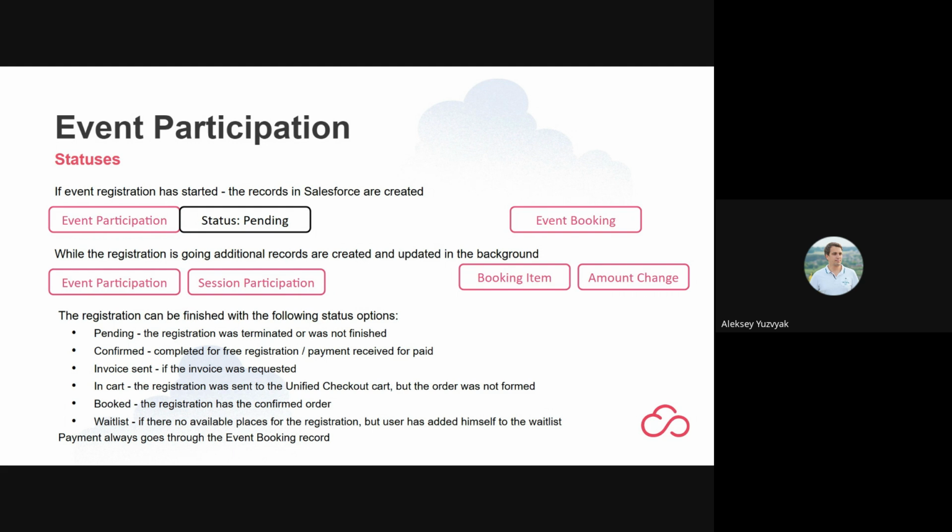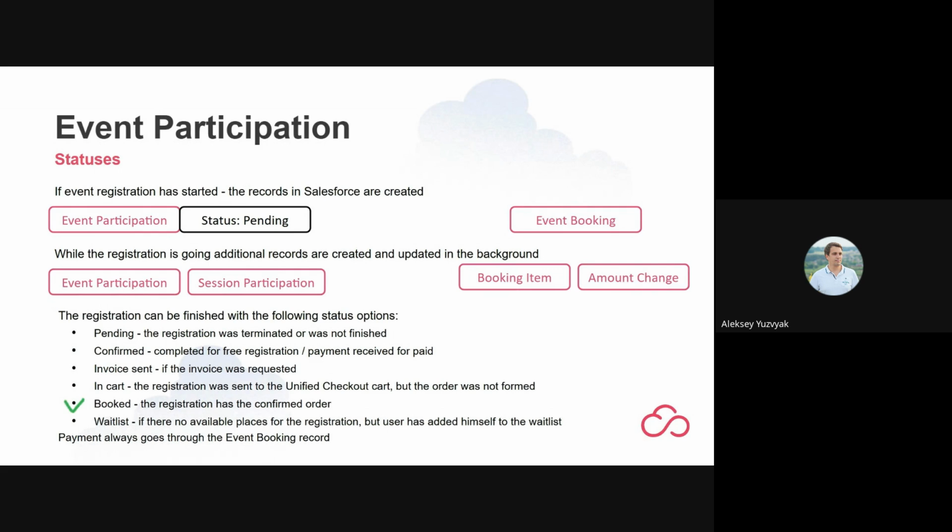So if a cart was collected but not paid and the order was not placed, for example, in 1 week, it will be deleted automatically, and later this event participant status will be cancelled or deleted.